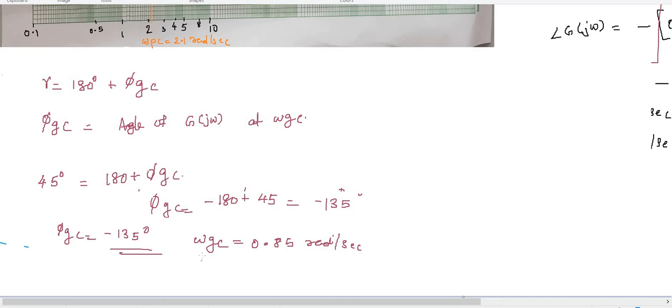That means we have to make omega gc as 0.85 radian per second in order to get a phi gc of minus 135 degree. When phi gc is minus 135 degree, our phase margin will be equal to 45 degree. So we have to make omega gc as 0.85.